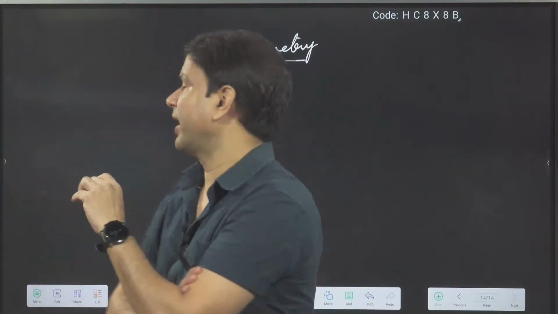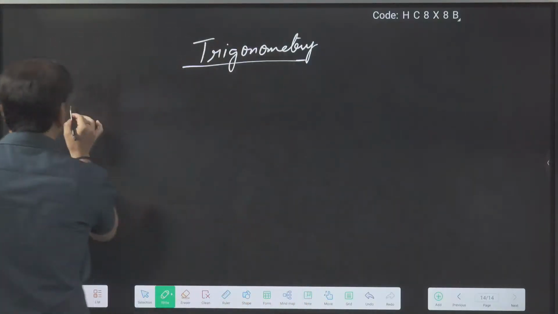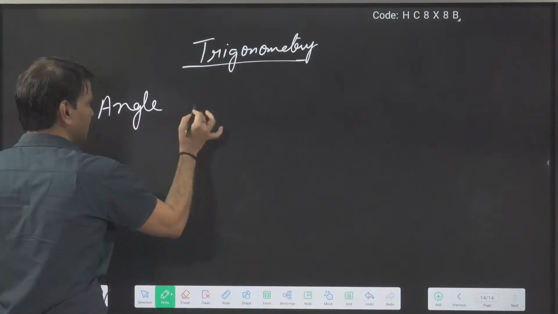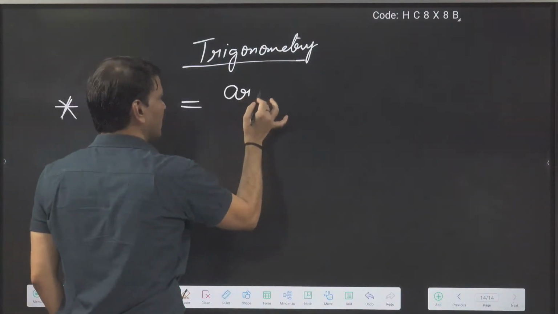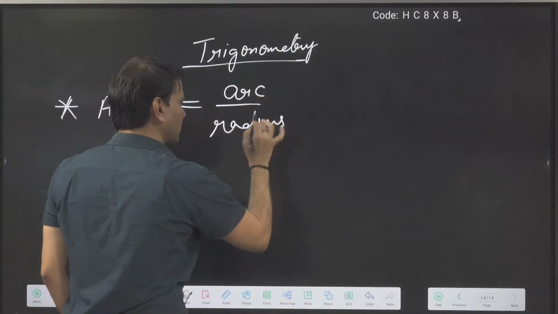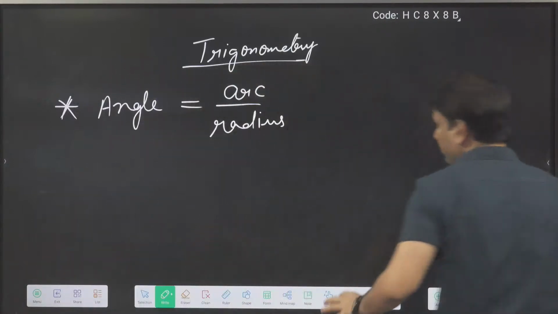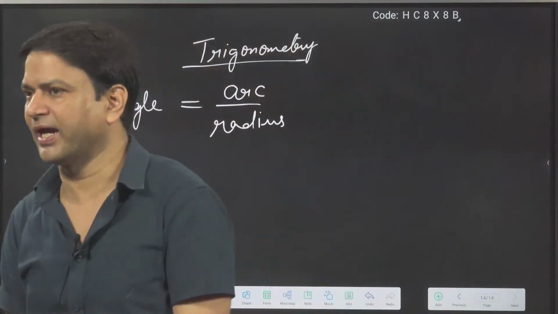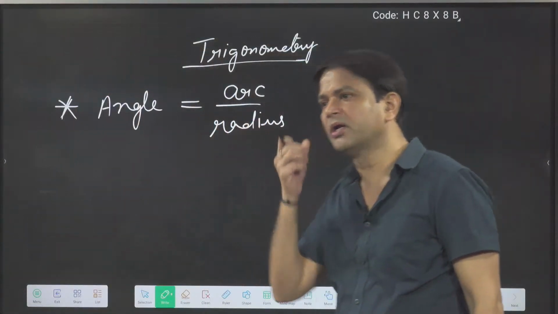So, we have learned the formula for angle: angle is equal to arc upon radius. This is the formula for the plane angle. When I say angle, it means plane angle, which is arc upon radius.